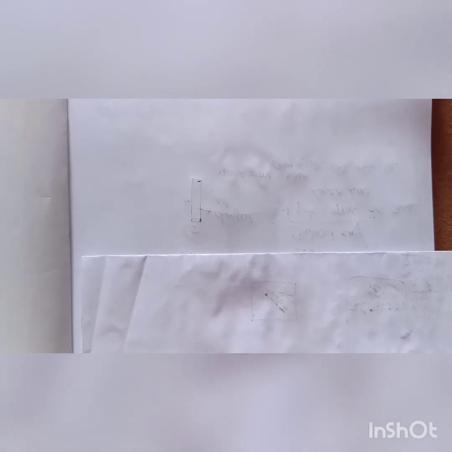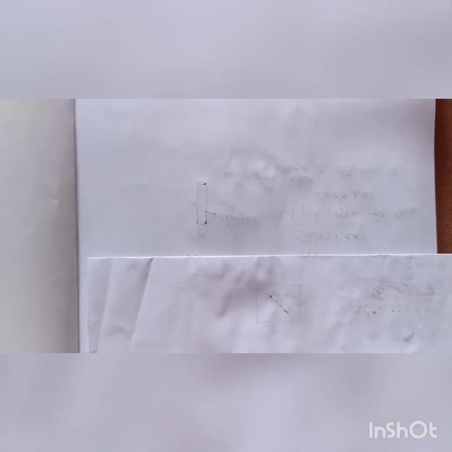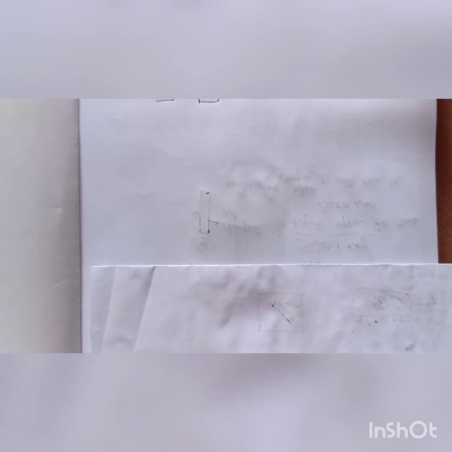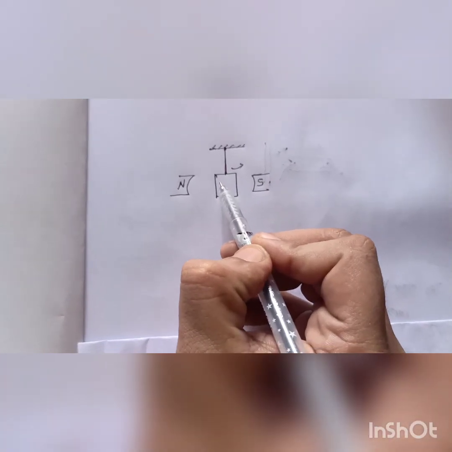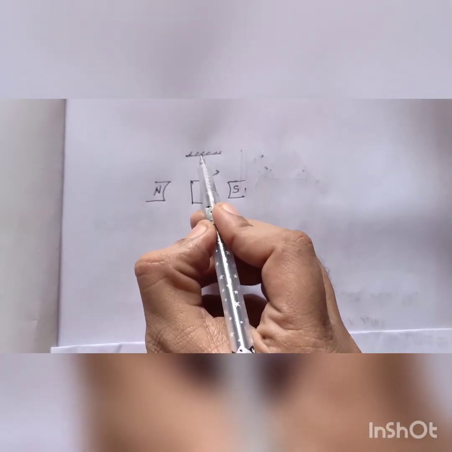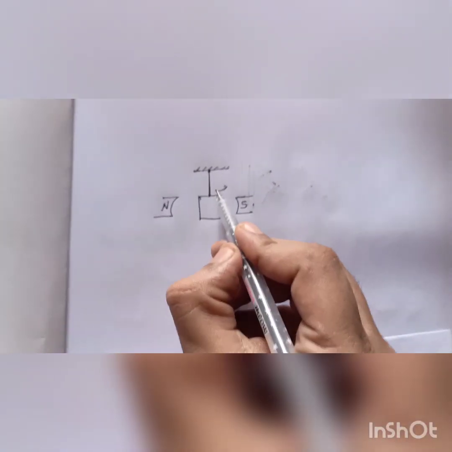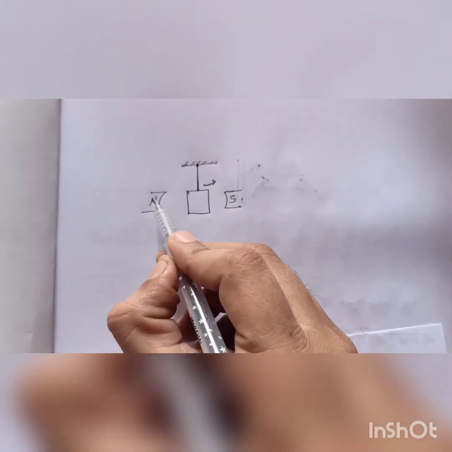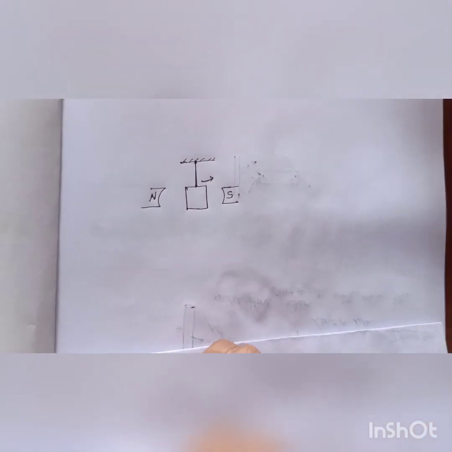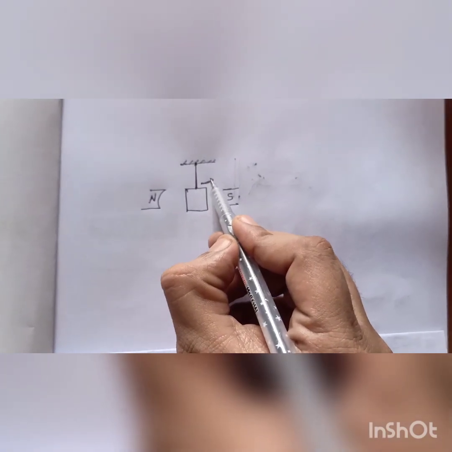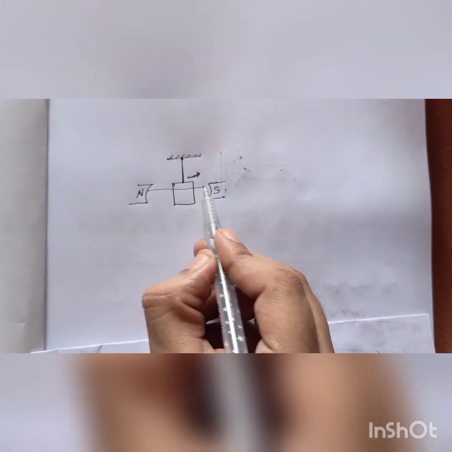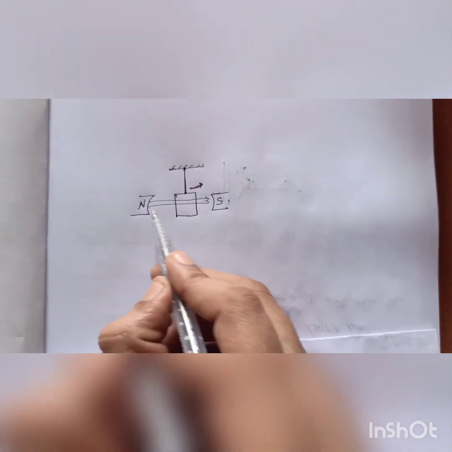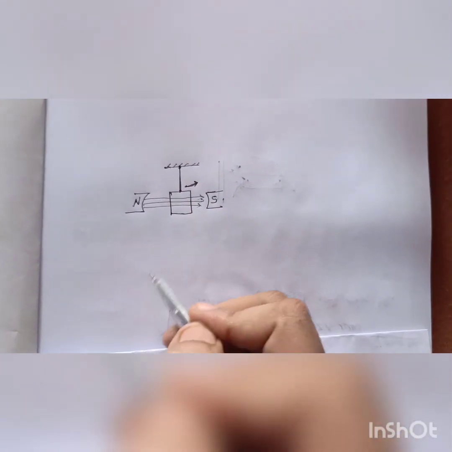One student asked me a doubt: does surface area have any influence on that opposition? Let me tell you, for example, if this is a copper plate which is suspended from this particular point and is being oscillated between two magnetic poles, when it is oscillating, the magnetic flux linked with this copper plate will change.